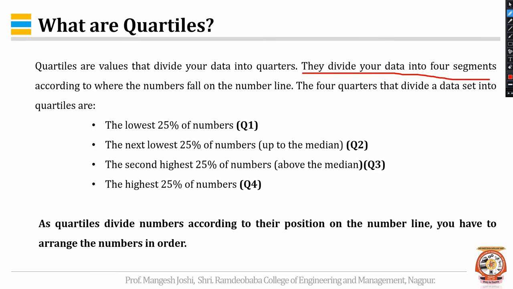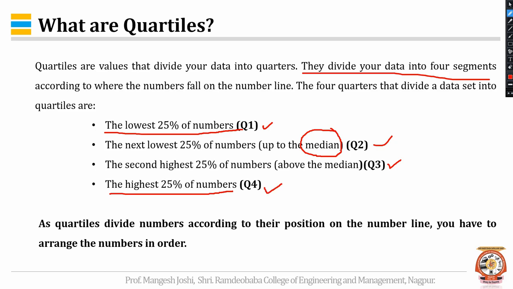The lowest 25% of the numbers will come in quartile 1. The next lowest 25% of the numbers up to the median will come in quartile 2. The second highest 25% of the numbers above the median will come in quartile 3. And the highest 25% of the numbers will come in quartile 4.